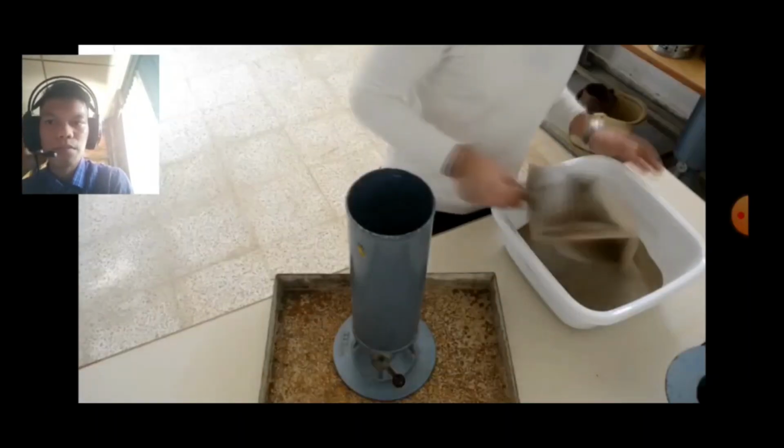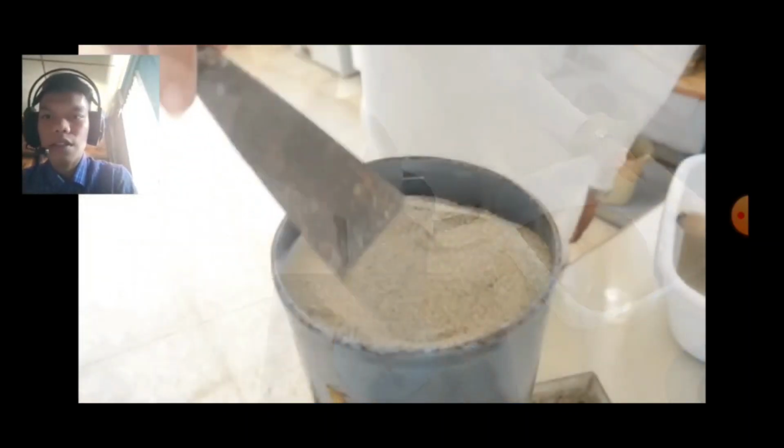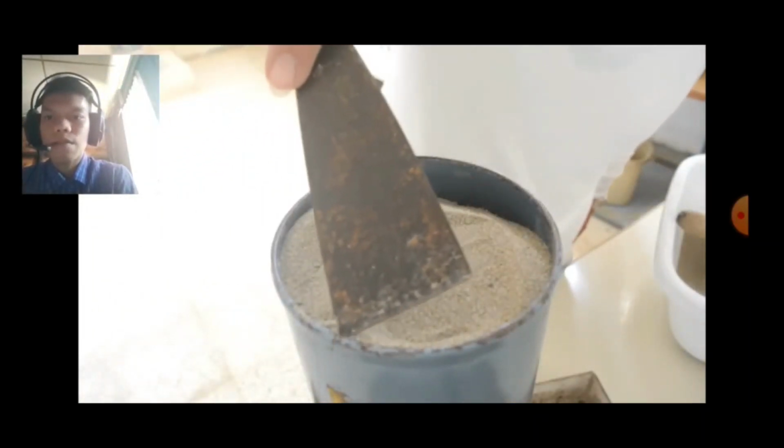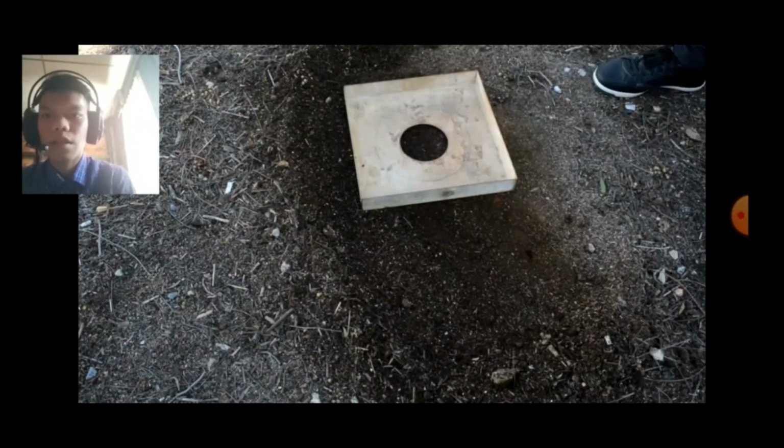Then repeat again. Fill the apparatus with sand. Then for the next step, place a plate that has a hole in the middle of the plate on top of the soil.